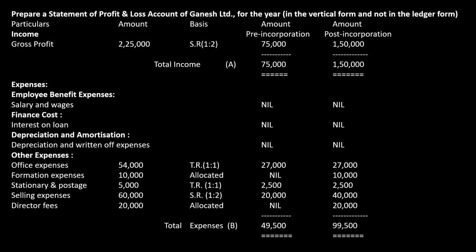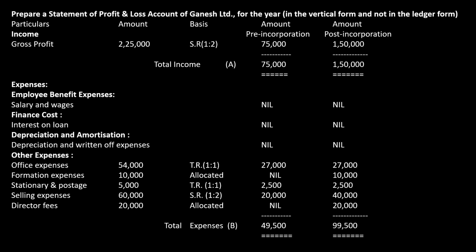Then the next column, the basis, says on what basis you are going to allocate the expenses, on what basis you are going to divide the expenses. The next column is the amount column after the basis. That will be called the pre-incorporation column, which means the first 6 months.